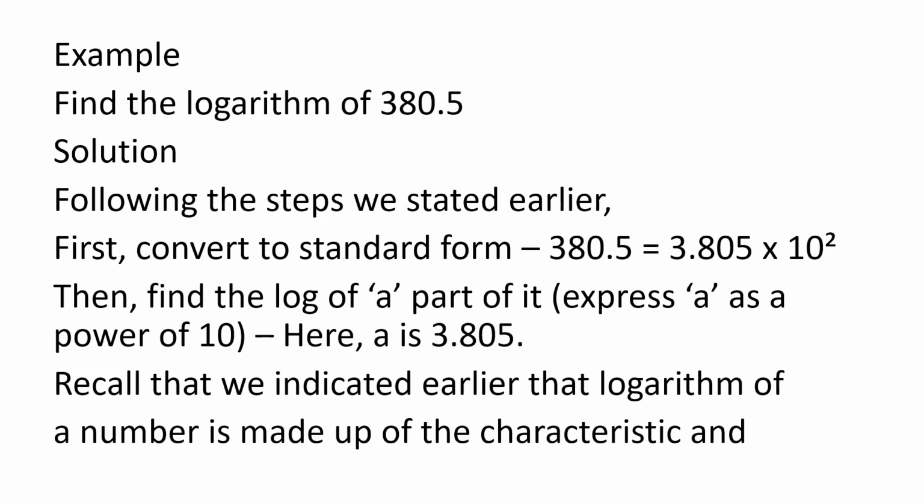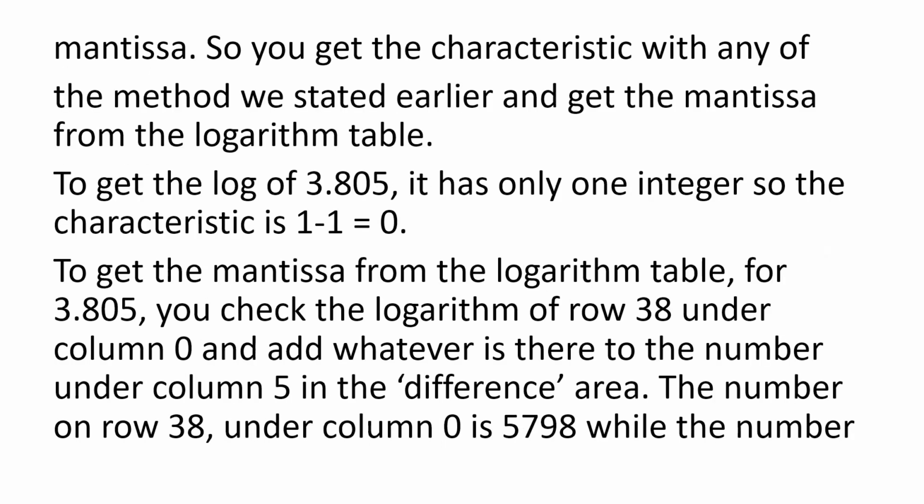Here, A is 3.805. Recall that we indicated earlier that the logarithm of a number is made up of the characteristic and mantissa. So you get the characteristic with any of the methods we stated earlier and get the mantissa from the logarithm table.